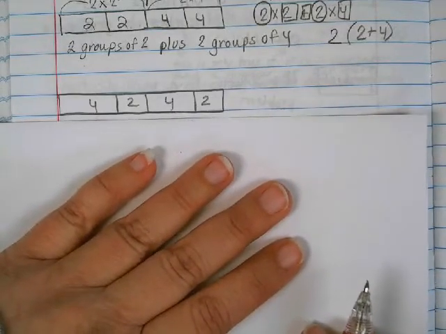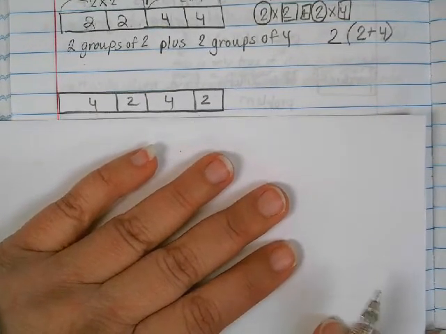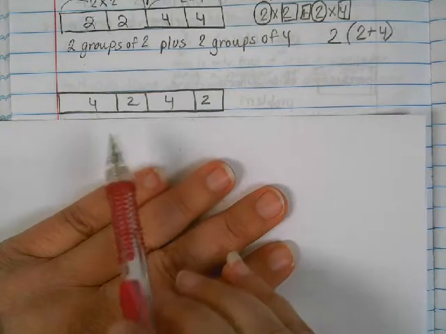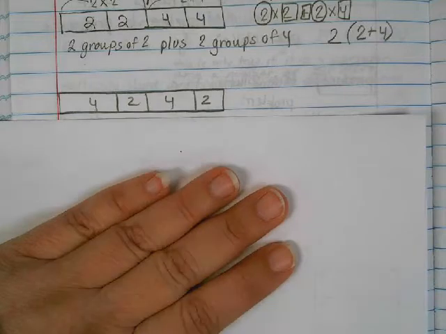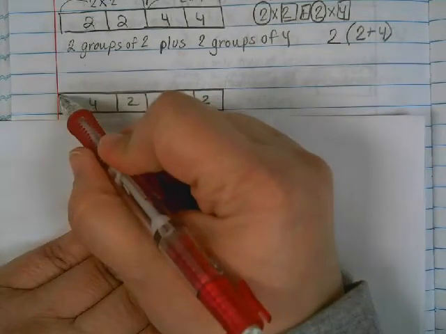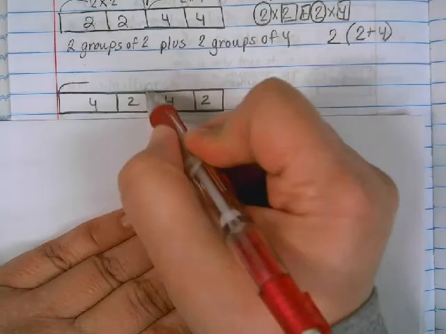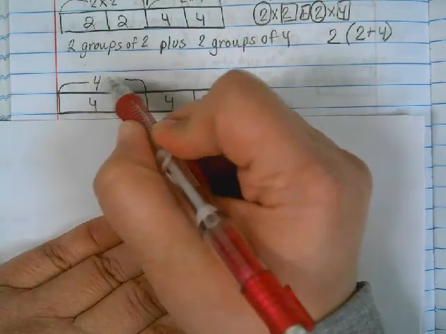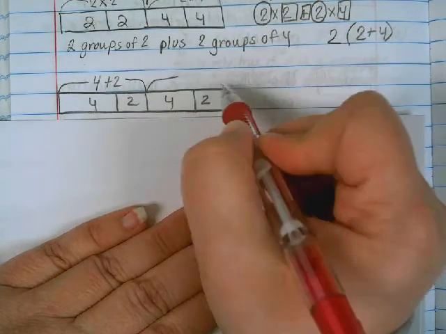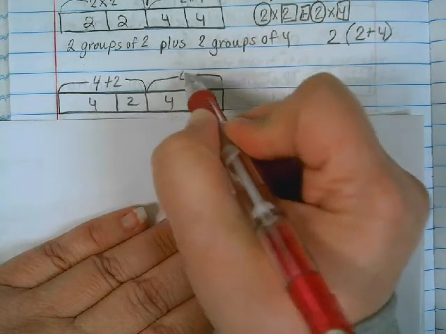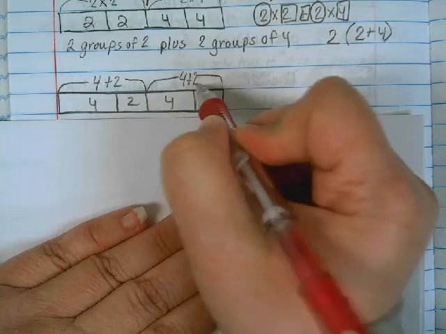Now let's take a look at this tape diagram. You'll notice on this tape diagram, again, I still have a 4 and a 4 and a 2 and a 2. They are arranged differently. So according to this tape diagram, I have a group of 4 plus 2 and a group of 4 plus 2.